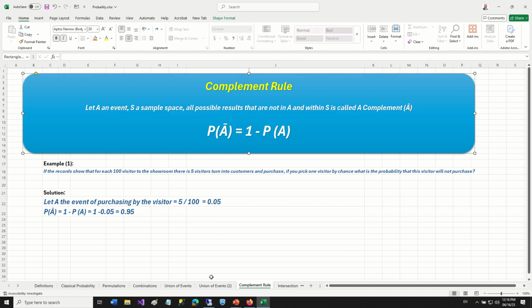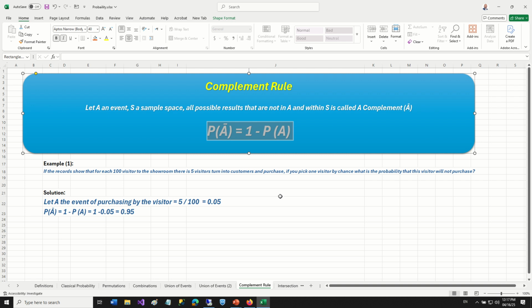Now let us look at the complement rule. The complement rule is, let A be an event, and S is the sample space. All possible results that are not in A and within the S sample space is called the A complement. So the probability of A complement equals 1 minus P(A).